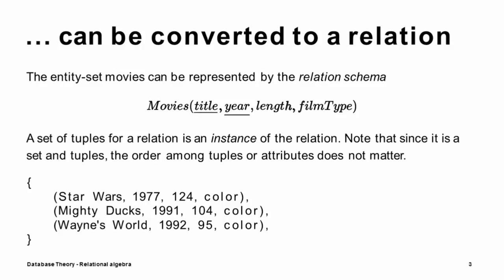But this is actually the relation in itself. So the relation is movies, and what you have here as parameters, if you would like to see it as a function, are the attributes. Those are the attributes. And the underlined attributes, that's the key. So as we had before, the key is the combination of title and year.